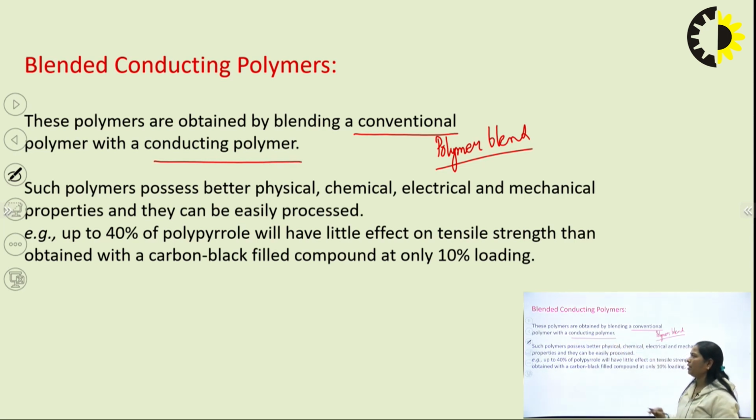So the polymeric chain becomes conducting in nature because conducting polymer is mixed with conventional polymer. So, this is known as blended conducting polymer. In both types, element filled conducting polymer and blended conducting polymer, mixing is occurring and the whole polymeric chain is not conducting in nature, just like in extrinsic conducting polymer.